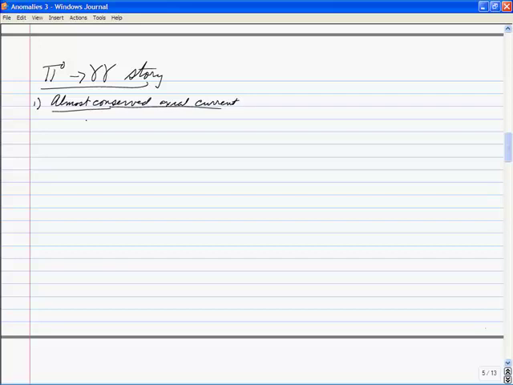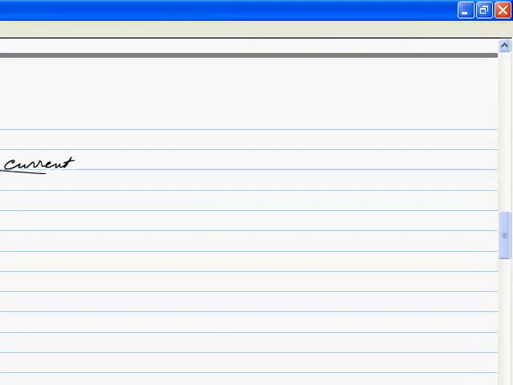The axial current that's going to be interesting is d mu J3 5 mu, which I'll write as d mu of, let's put a half out in front, u bar gamma mu gamma 5 u minus d bar gamma mu gamma 5 d.